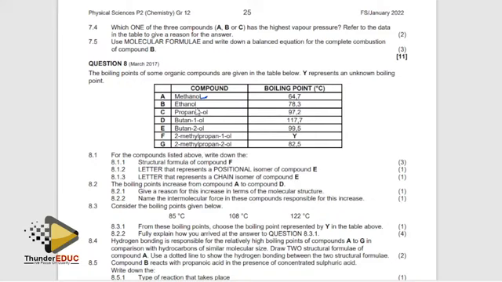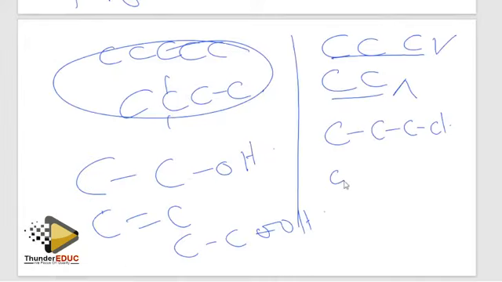But what is different here is still the number of carbon atoms. If it is alcohol versus alkane, definitely alcohol is going to have a higher boiling point, because alcohols have London forces and they also have hydrogen bonds. So it means that it's going to have a higher boiling point compared to this.